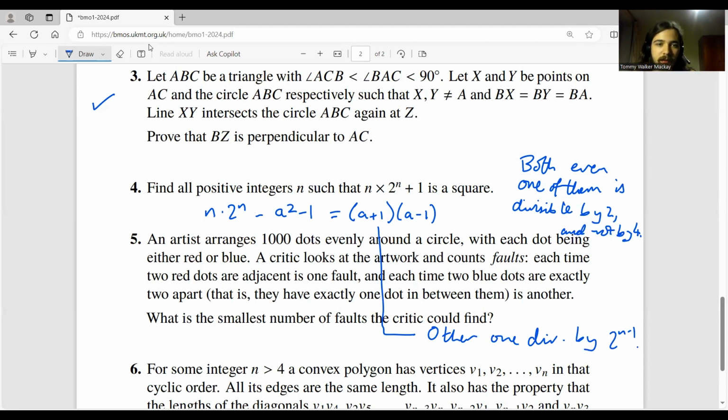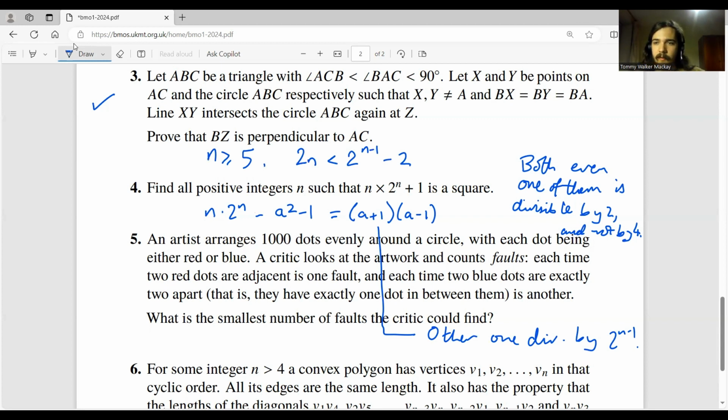Let's say, in particular, if we take n at least 4, then hang on, maybe we need to go a bit bigger than 4. Let's say 5. That means certainly 2 to the n will be less than 2 to the power of n minus 1 minus 2.